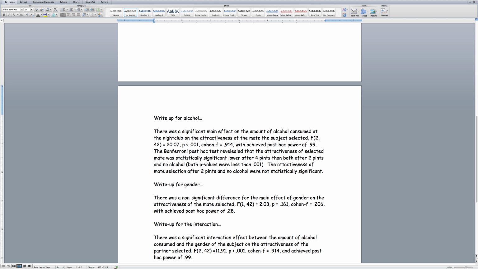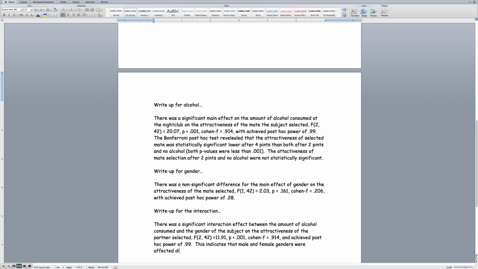All right, so this indicates that male and female genders were affected differently by alcohol.